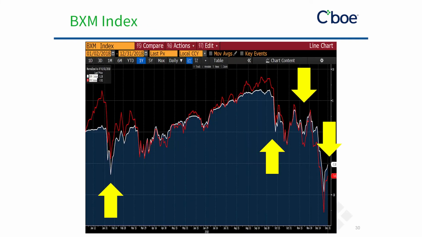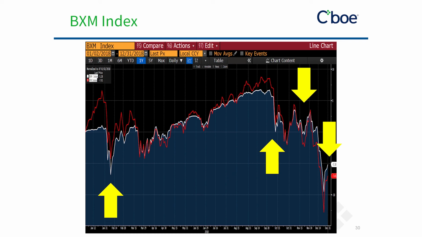This is an illustration of how the S&P 500 Total Return Index, which is the red line, and the BXM S&P 500 Buy Right Strategy, which is the white line, performed in 2018. BXM underperformed early in the year as the S&P 500 moved markedly higher. If you recall, that was a very unusual January. For much of Q2 and Q3, BXM outperformed the index.